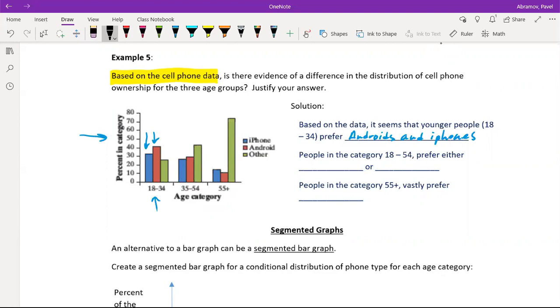What else can we see? People in the category 35 to 54 prefer either iPhone or Android as well. Once again, this is important: individually, in the 35 to 54 age group, it looks like the other type of phone is more popular.